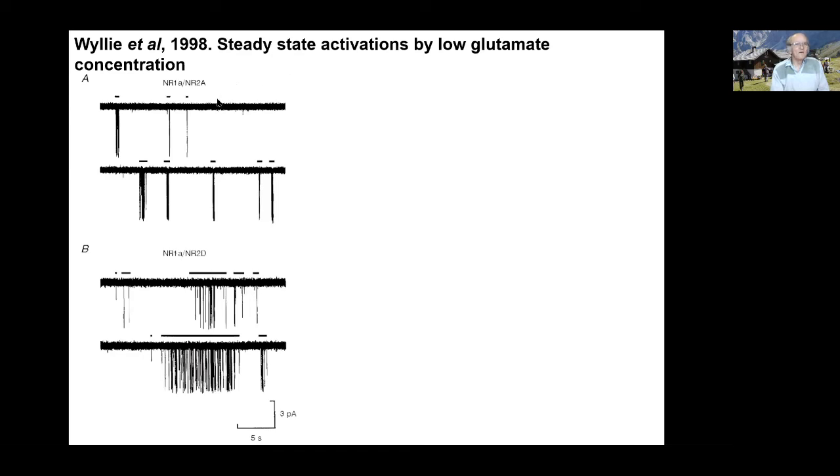with low agonist concentrations. So with the NR2A subunit, we got things like this. This is a fairly compressed time scale. And we can see that they occur in bursts. The horizontal line above each of these things marks where we think the bursts of channels, single activations occur.